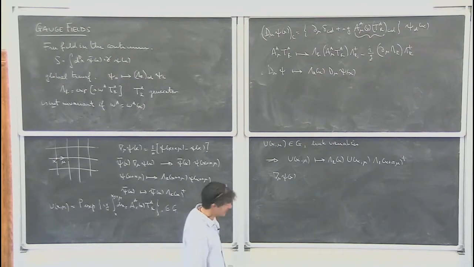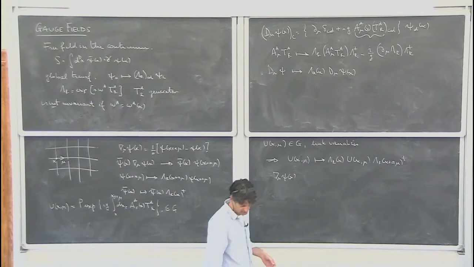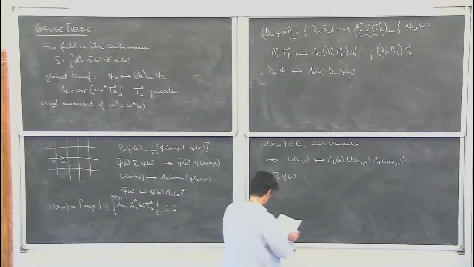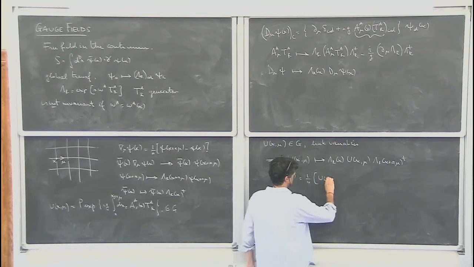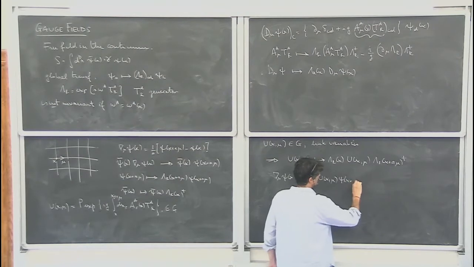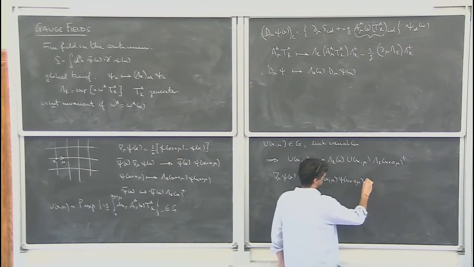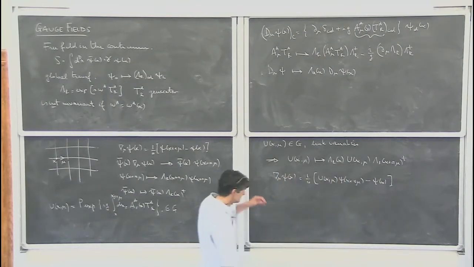Okay, so we can define the lattice covariant derivative in the intuitive way. Okay, so we do a parallel transport of psi from x plus a mu, and we subtract psi(x), like that. Okay?